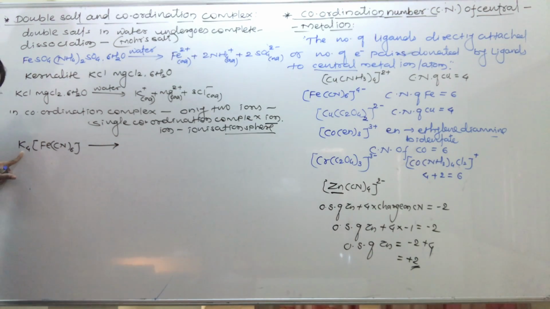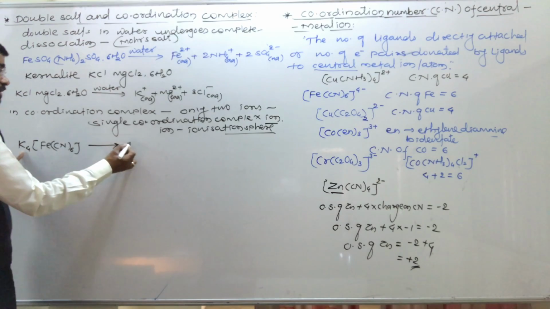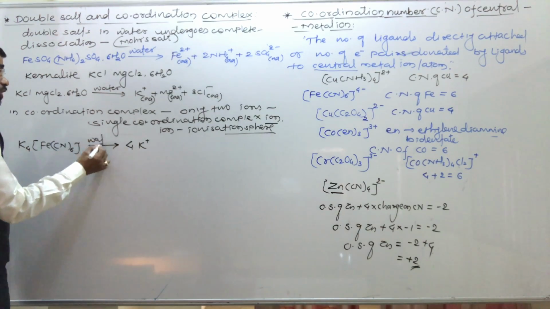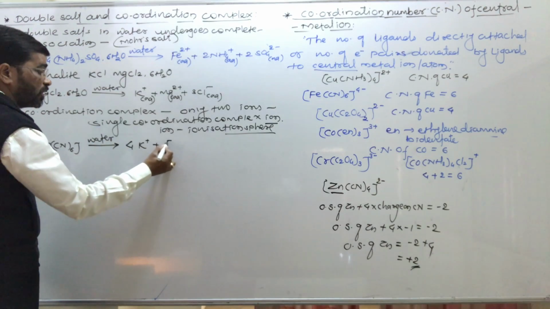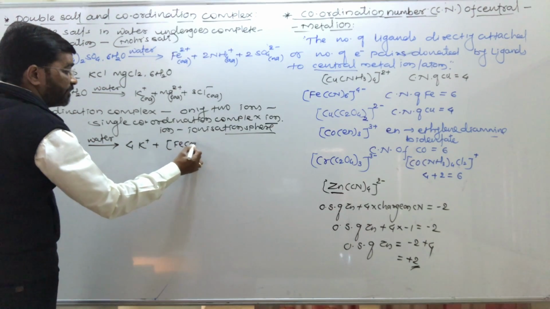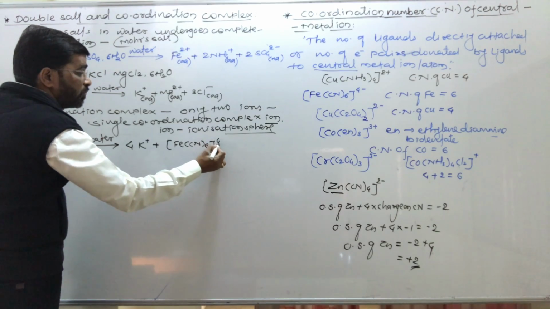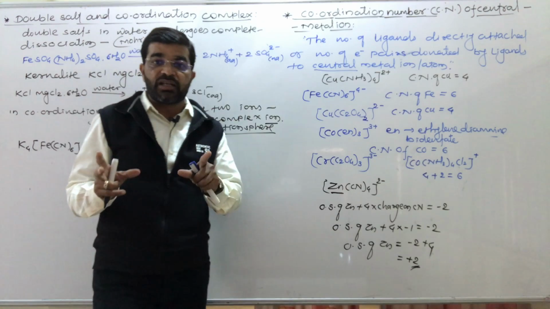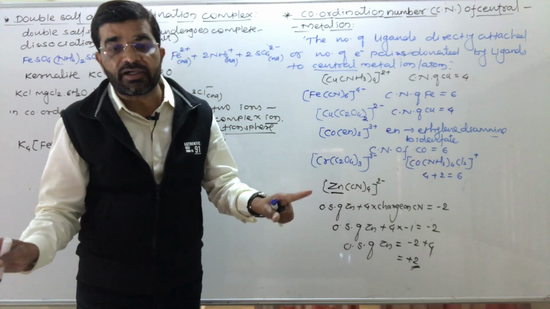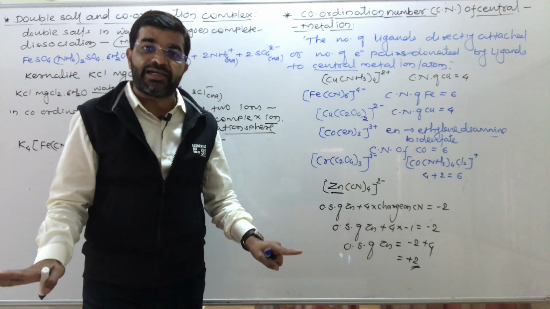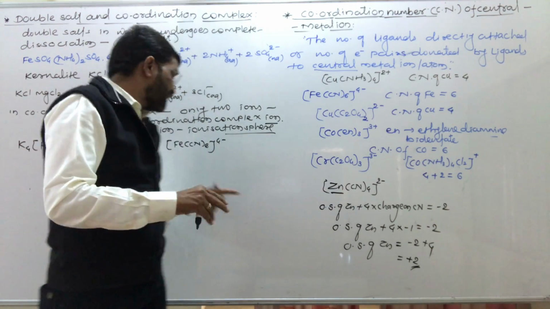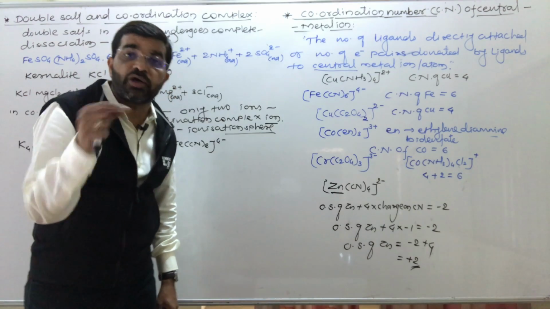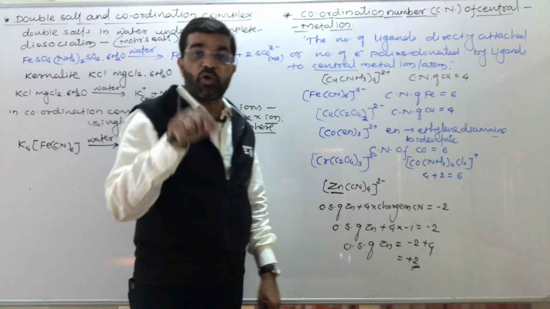Now this is the ionization sphere. 4K+ ions, when added in water, and here there is formation of [Fe(CN)6]4-. You see here Fe and CN ions do not dissociate, they are not separated. They are still present in this complex ion. So it is a coordination complex.